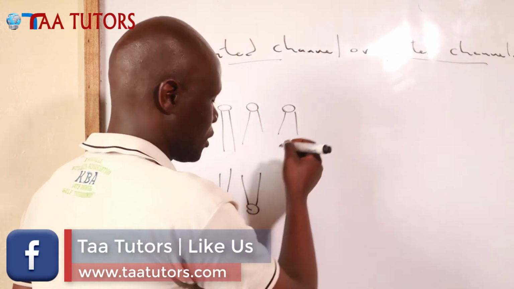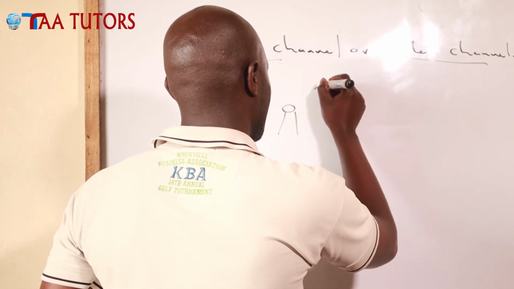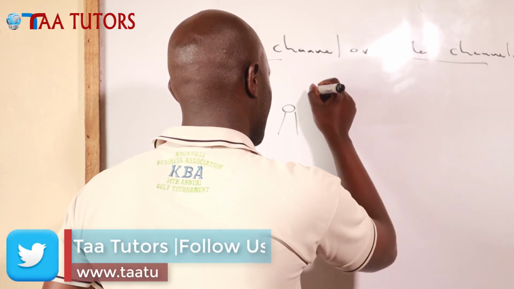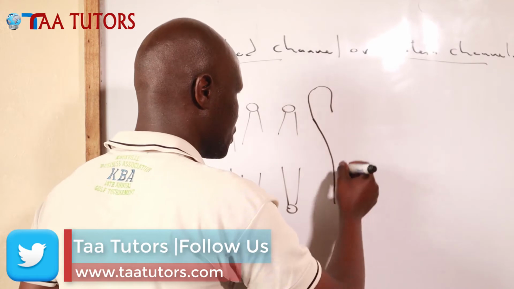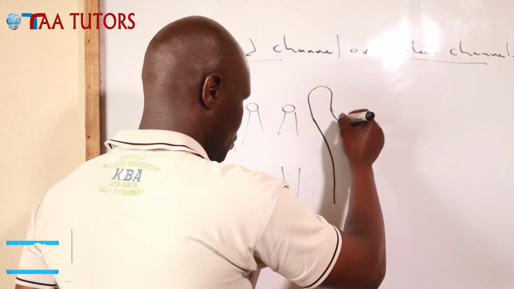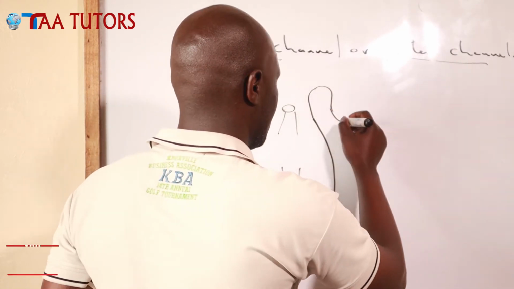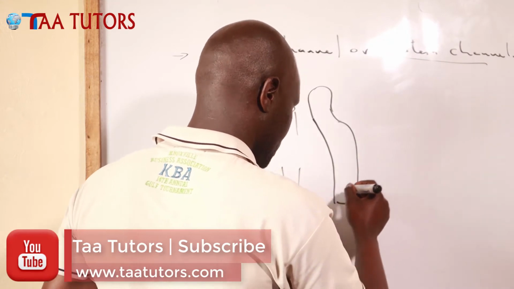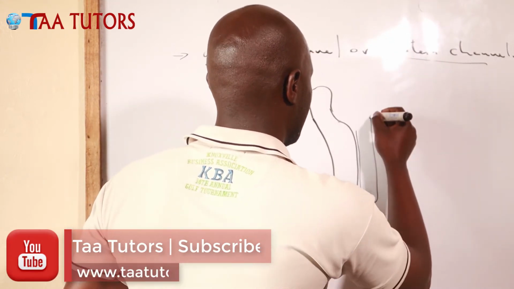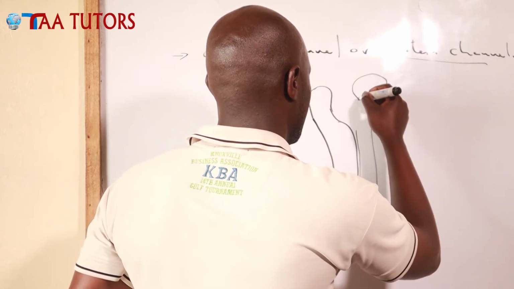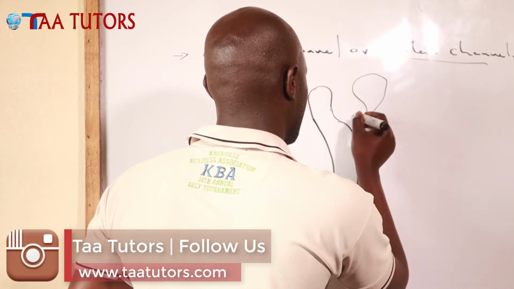I want you to remember that this carrier has a specific shape which can only allow binding of a specific molecule, like the shape that I have indicated here. So you see there is a shape in here.